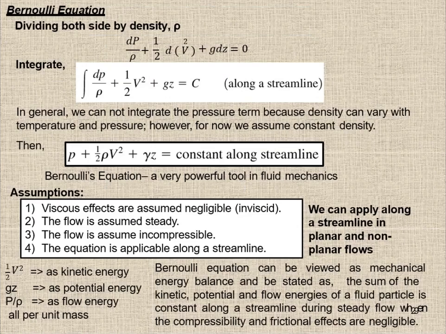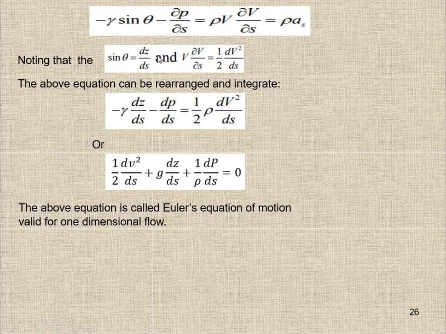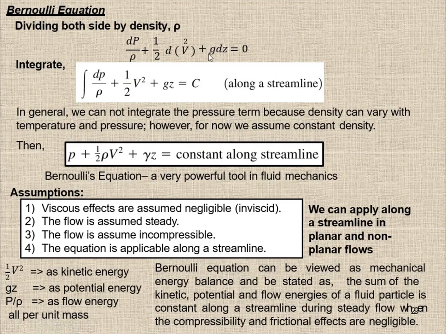Now we are going to move on to the Bernoulli equation. The Bernoulli equation is nothing but the integral form of Euler's equation. This is the Euler equation we derived in the previous step. I took this equation from here to here.